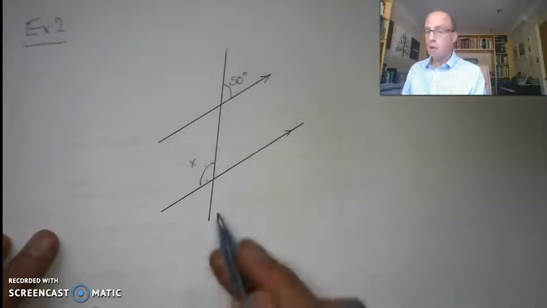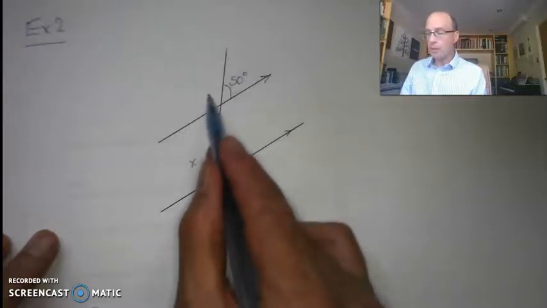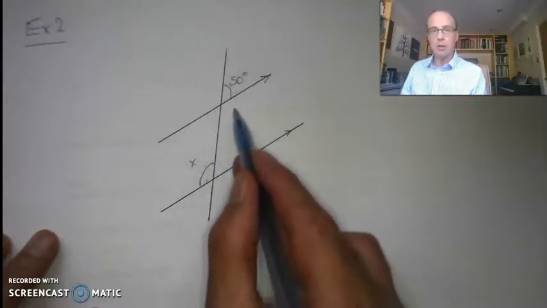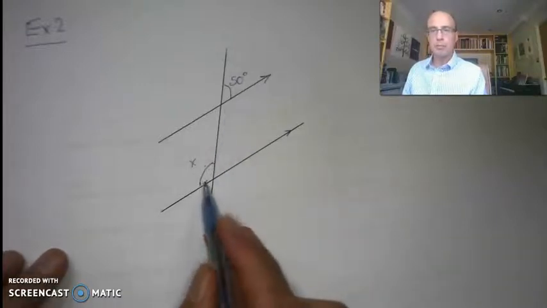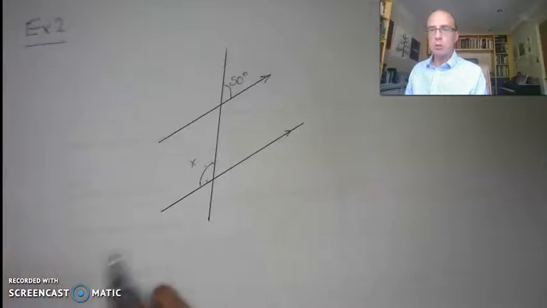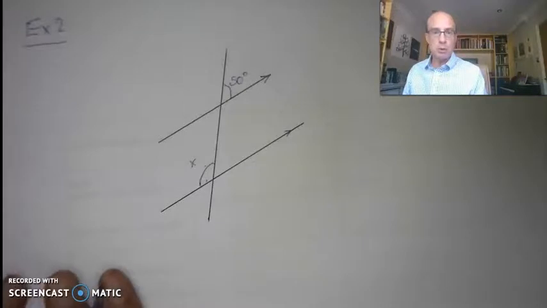So I'm going to have to work out one of either this angle, or this angle in order to be able to work out this value X. Normally when we get these questions, there's normally two or three different ways that you can solve the question. Doesn't matter which one you take, whichever one you're most comfortable with.